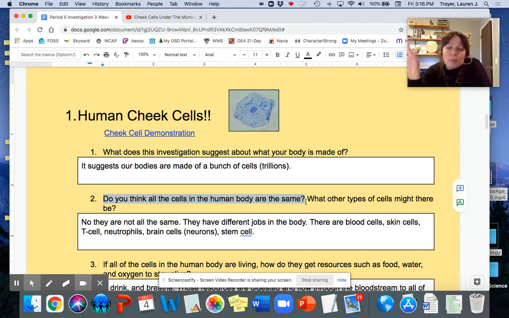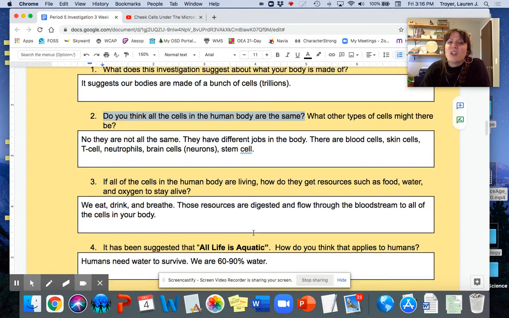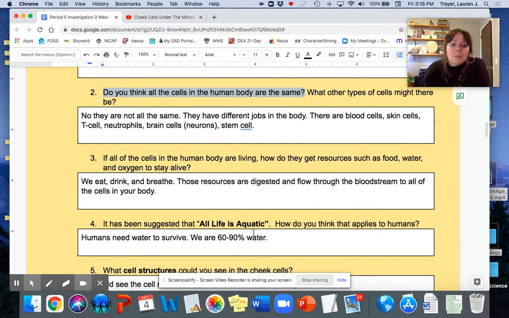No, obviously we have blood cells, right? They look different. We have skin cells. We have all these immune fighting cells that kids in my class brought up: T cell, neutrophil. Brain cells are different. Brain cells look like little trees with roots and branches, right? And then stem cells is a whole other thing. So there's all different kinds of cells in the body.